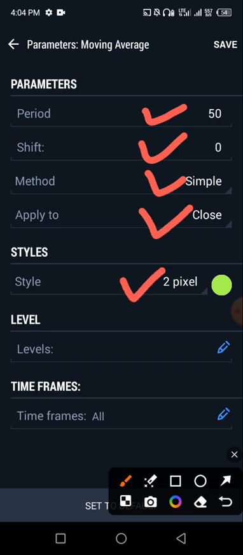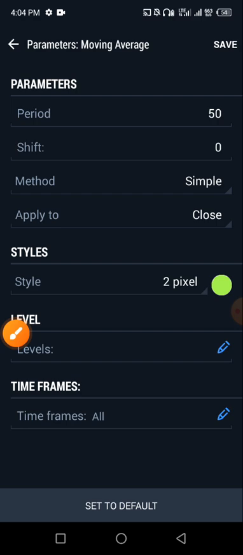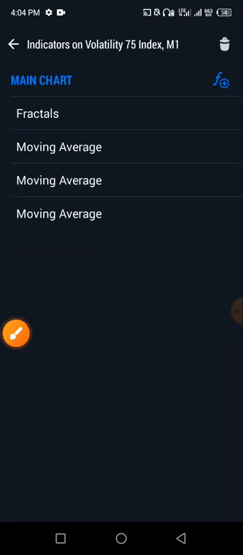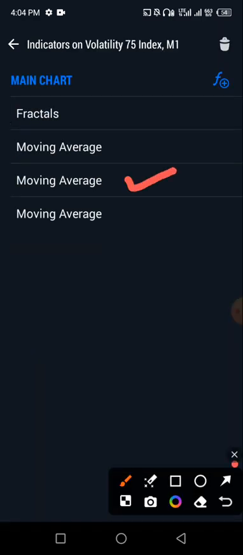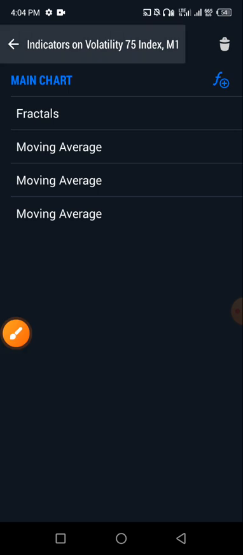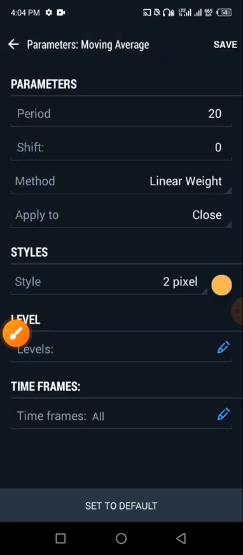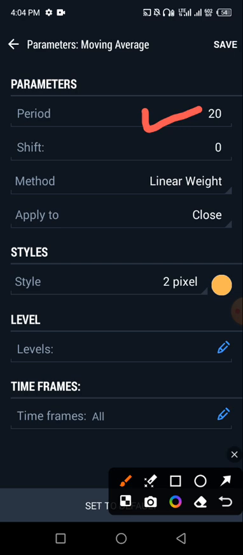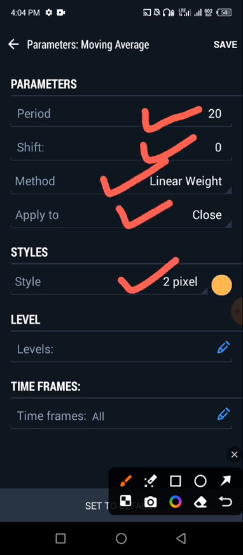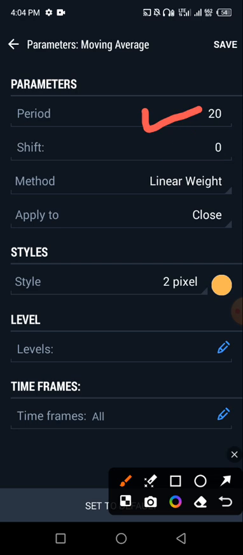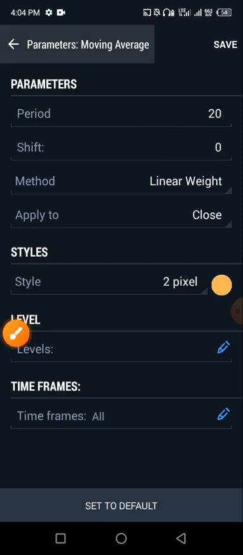You just want to add the settings the way you see them on my screen, and then you click on save. So for the next moving average, what we have is this particular settings here. You can see that the period is 20, shift method linear weight, apply to close, and this is how the settings will be, and then we can click on save.